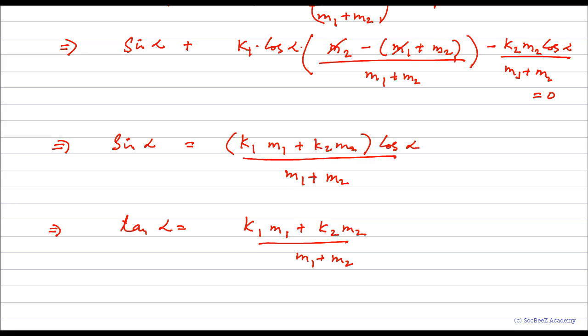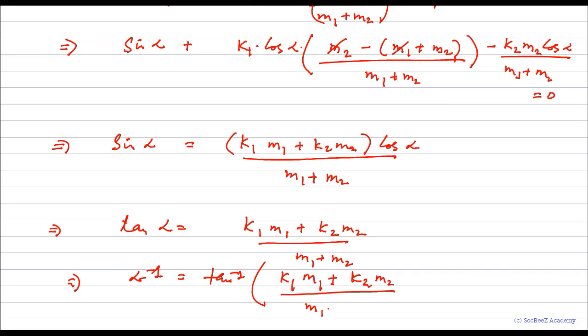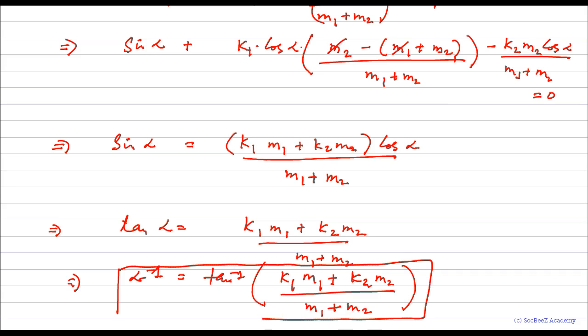Okay, so this gives me the minimum angle required for the motion to begin as tan inverse of k1 m1 plus k2 m2 upon m1 plus m2. So this is basically my expression which I needed to find out.